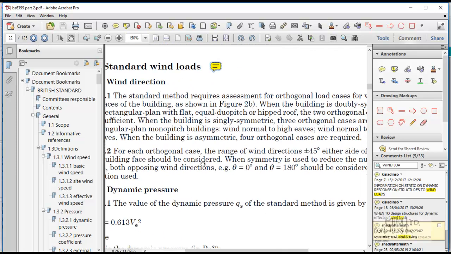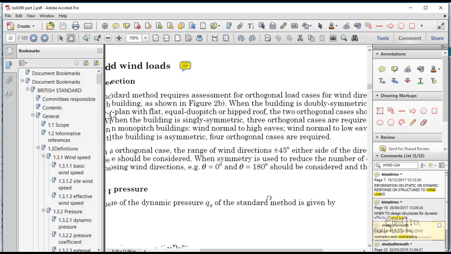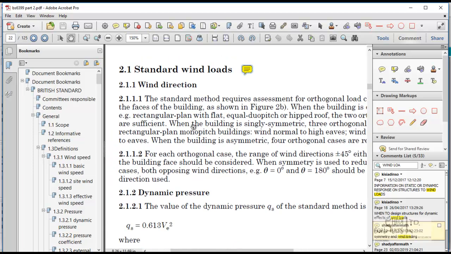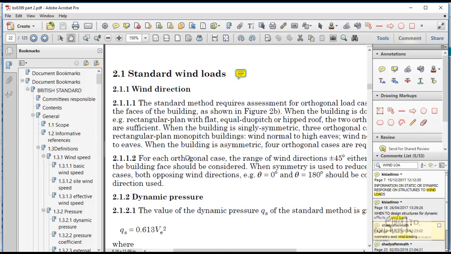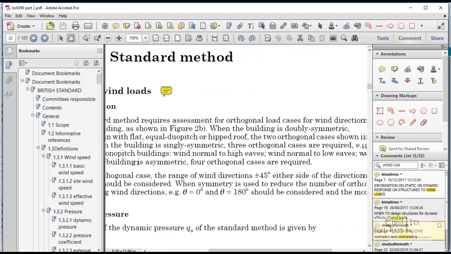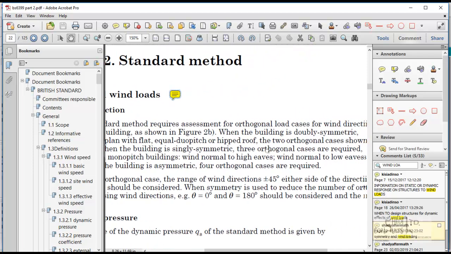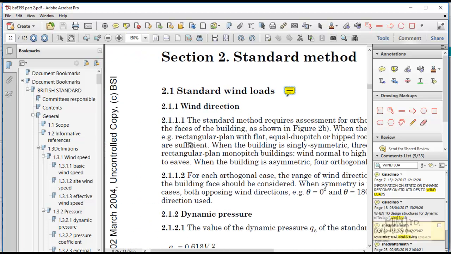If you look more carefully, it says that when the building is doubly symmetric, as in the case of our structure, on plan, the building is doubly symmetric in terms of the geometry of the building. For example, it says rectangular plan with flat, equal, dual pitch or hip roof, etc. Now, it says that when the building is doubly symmetric, 2 orthogonal load cases is sufficient.